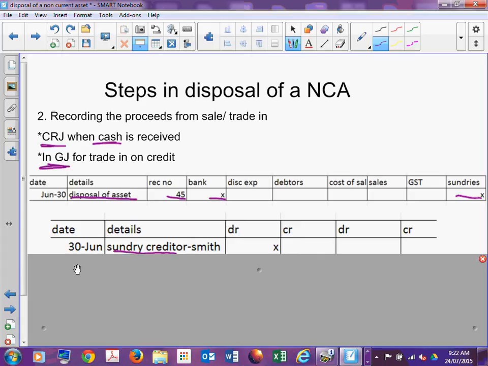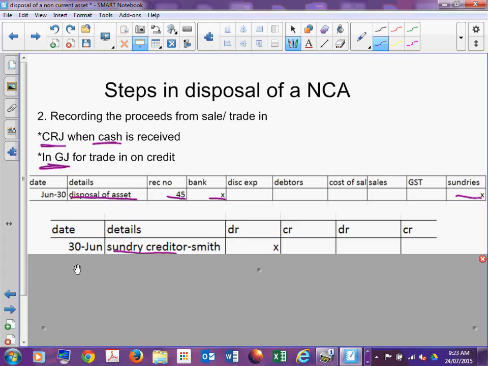Creditors control is only for creditors that we buy stock from. Are we buying stock in this case? No, we are not. We are buying a non-current asset. So because we're buying a non-current asset on credit, we refer to those people as sundry creditors. We put their name so we know who it is, because you could have more than one sundry creditor.